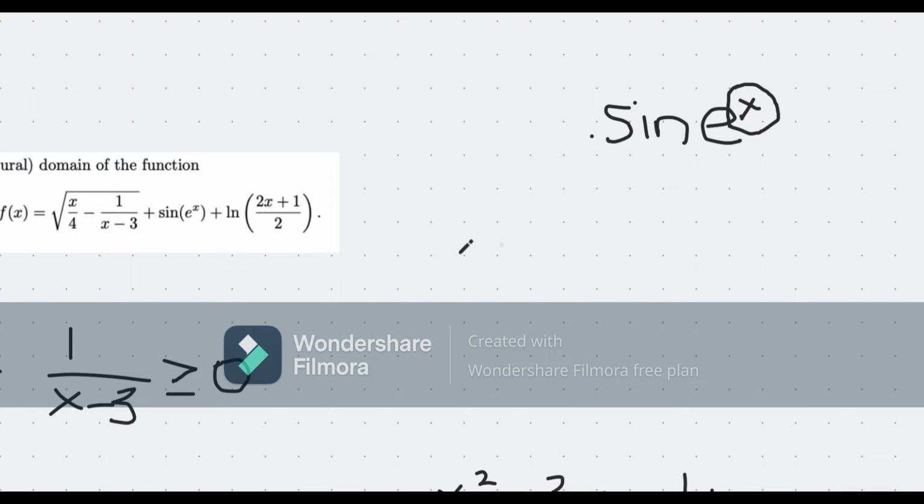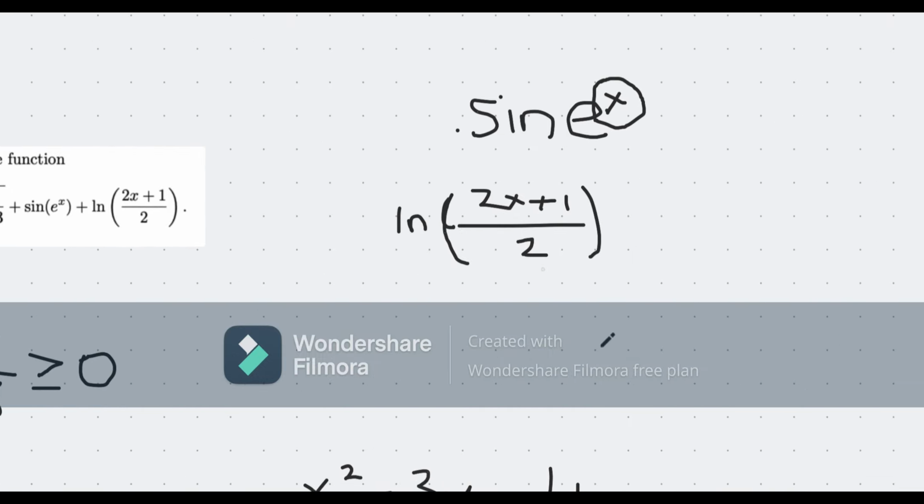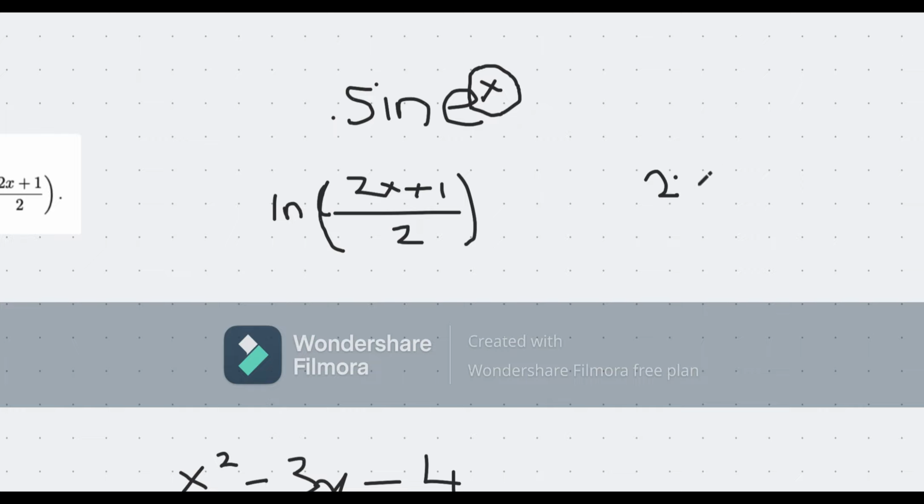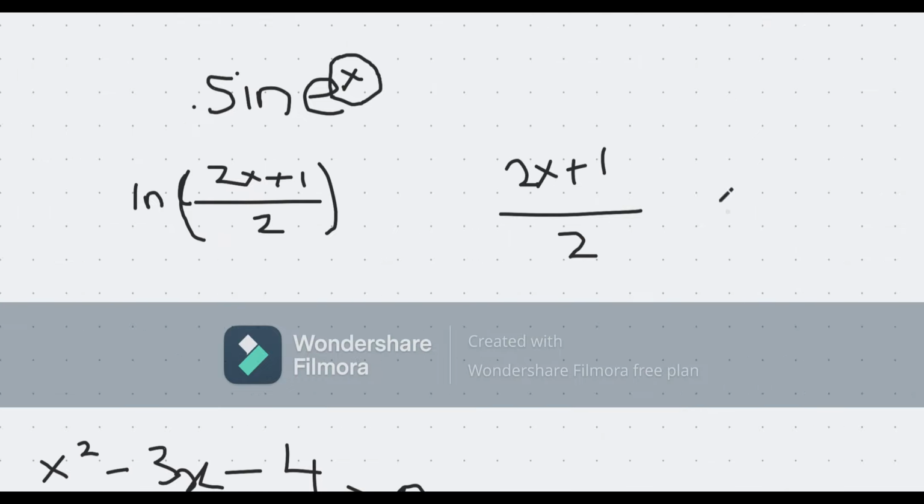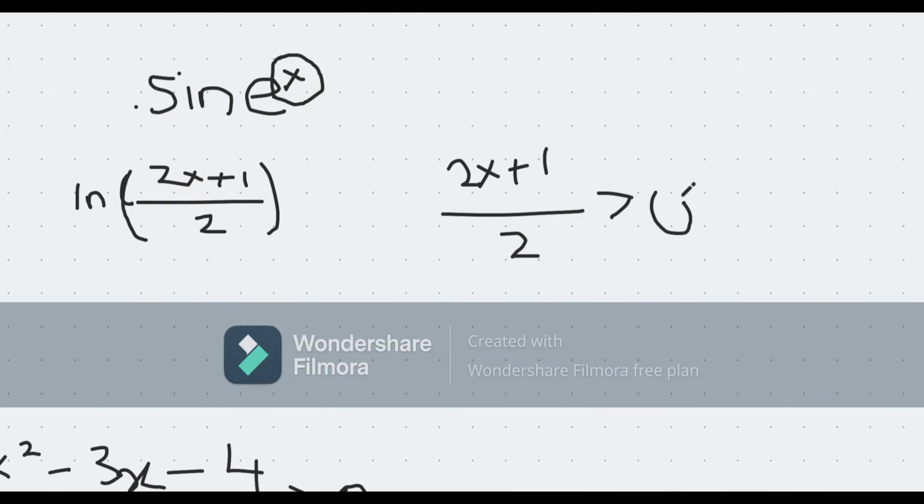Now let's move on to the next part. Ln of 2x plus 1 over 2. Now this does give restrictions, because you can't take the ln of negative numbers or 0. So we set up an inequality for this. 2x plus 1 over 2 must be greater than 0, not equal to 0, because you can't take the ln of 0.